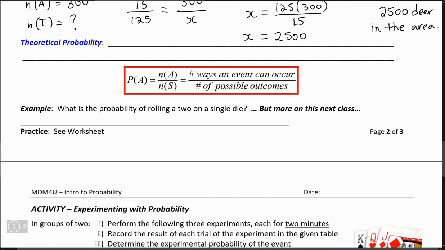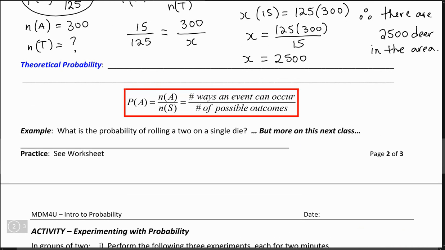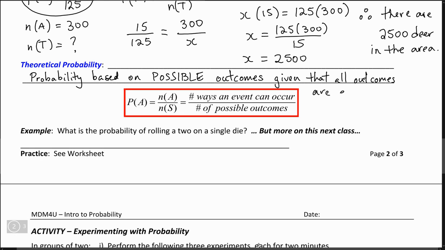Theoretical probability now. So theoretical probability is defined as the probability based on possible outcomes. I'm going to capitalize possible. So possible outcomes, given that all outcomes are equally likely, meaning they're fair.